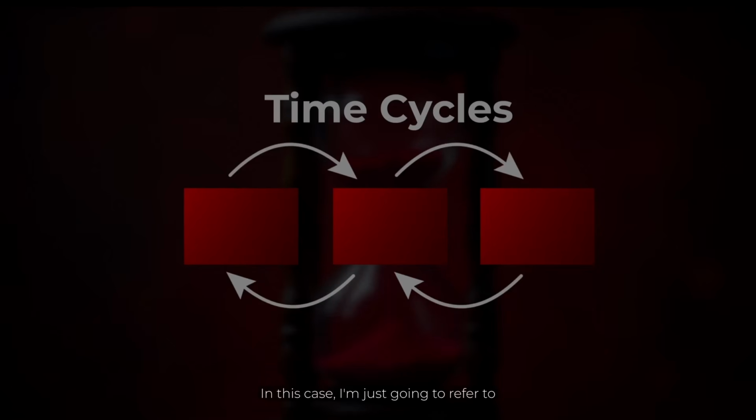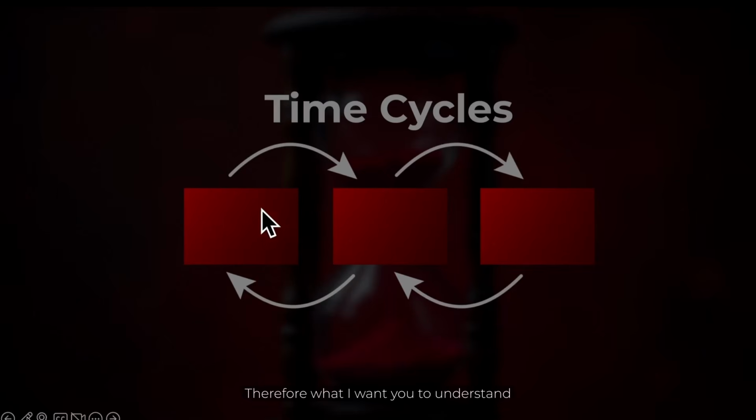In this case, I'm just going to refer to them as time cycles. This shows you that you're able to apply this knowledge across all different time cycles. Whether you're a swing trader, an intraday trader, or a long-term trader, it's all the same logic. It's all fractal. Both time and price are fractal. The only difference is the duration of the time cycles that you're looking at.